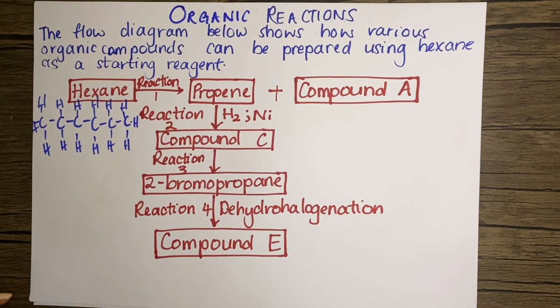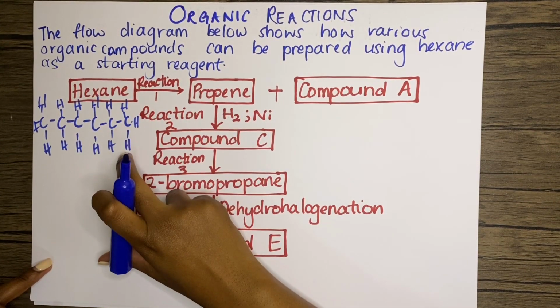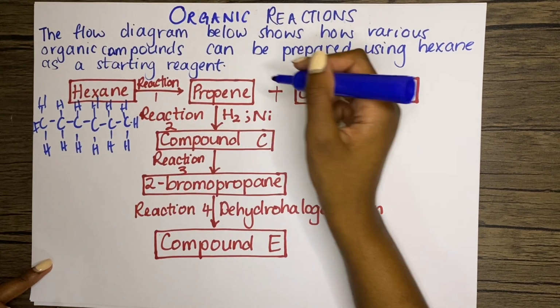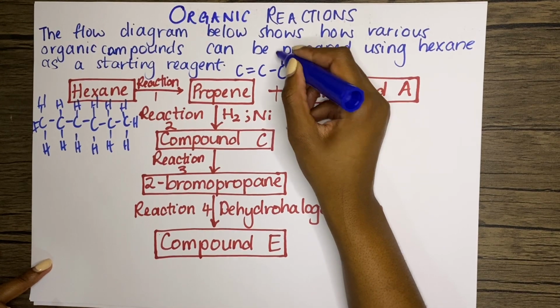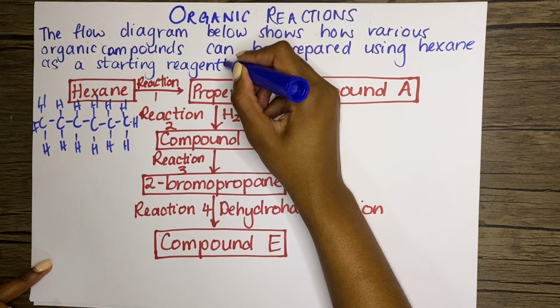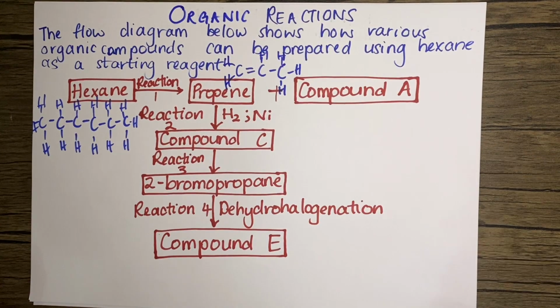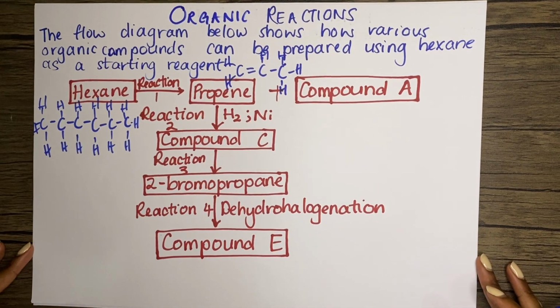And then they say that hexane, reaction 1, reacts under certain conditions to form propene. Now, if you look there carefully, from hexane to propene, that's from 6 carbons to 3 carbons, because a propene looks like this. Right? So that's from 6 carbons to 3 carbons. That's one thing to notice.